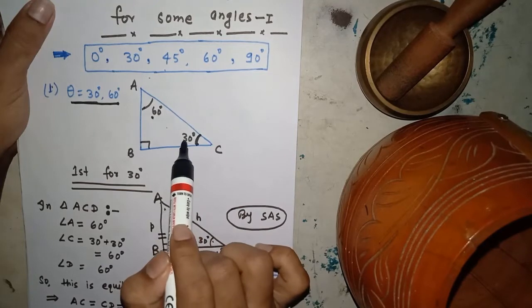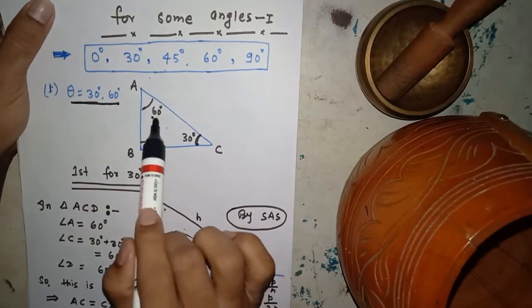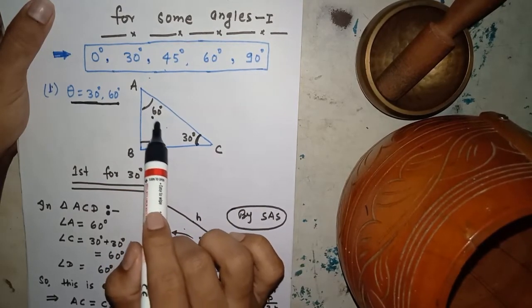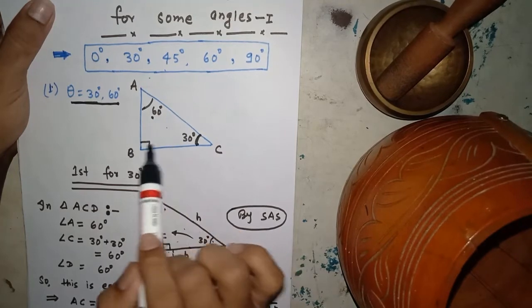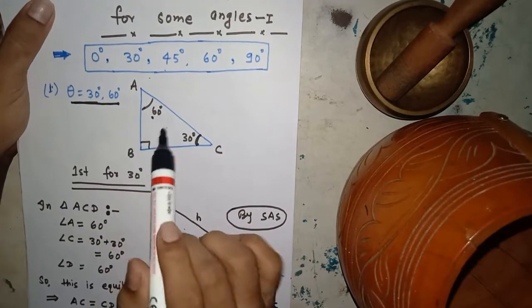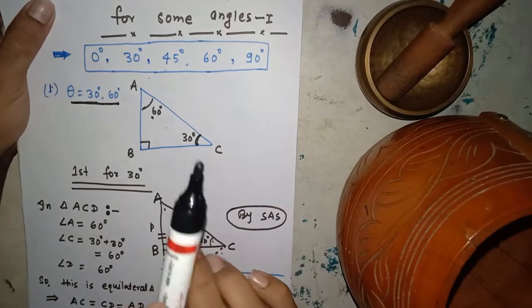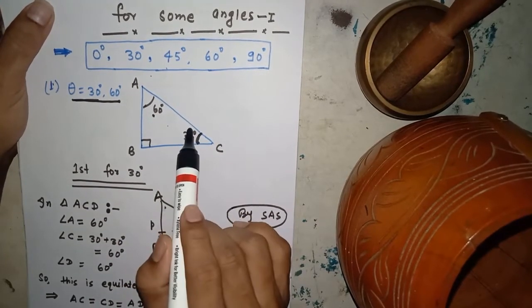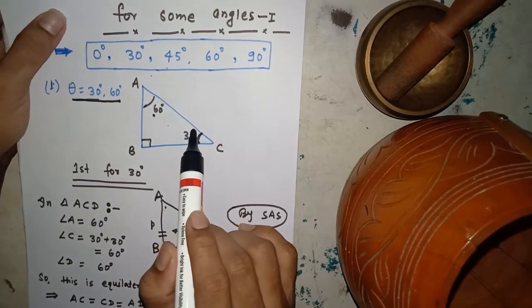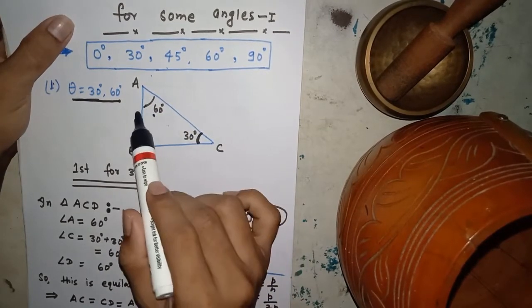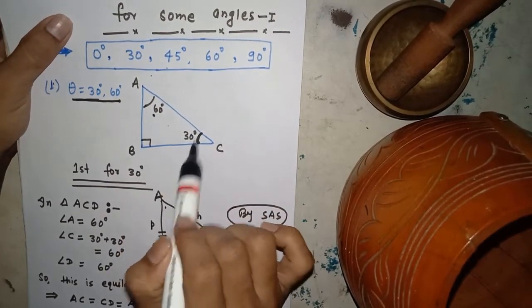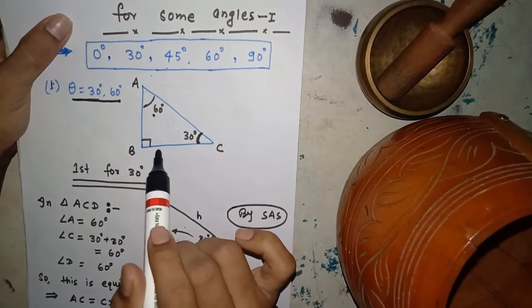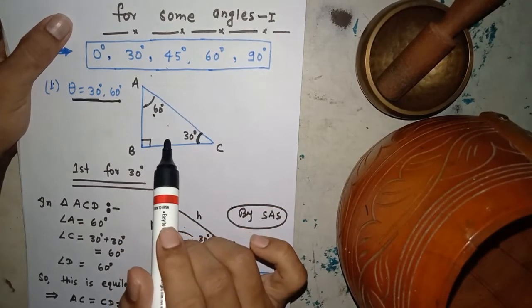Because we already know that this angle and this angle are complementary to each other, or you can say in another way that the sum of all the angles is 180. So it is 90, it is 30, then it is 60. So here for 30 degree we can see that AB is perpendicular, BC is base and AC is hypotenuse. Are you getting my point?